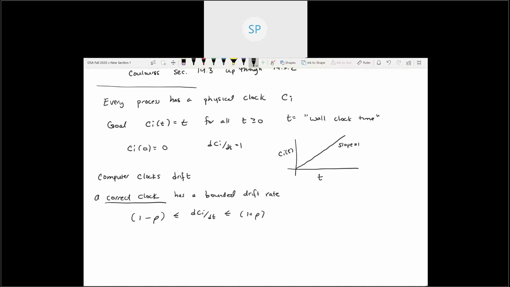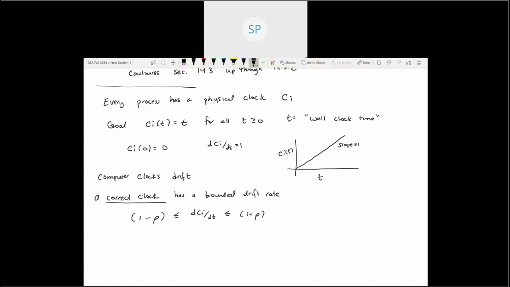In this case, rho is something that's specified by the manufacturer. It says the tick rate of my clock is going to be within 1 minus rho to 1 plus rho. And as long as my clock meets this specification, then my clock is correct. It's behaving as I promised you.